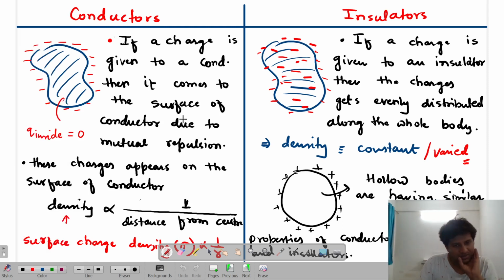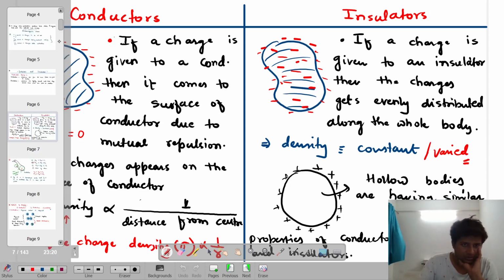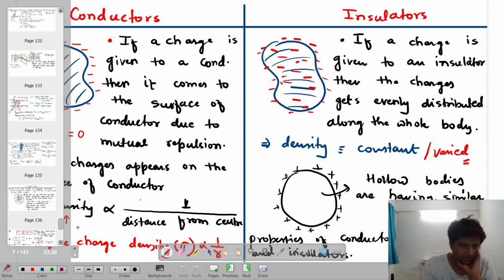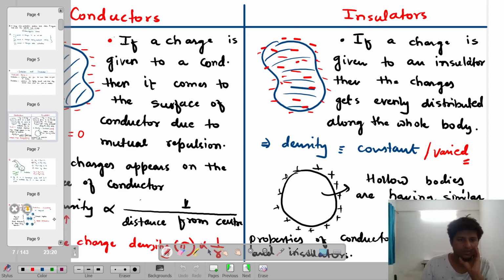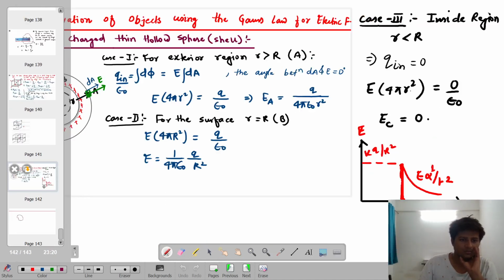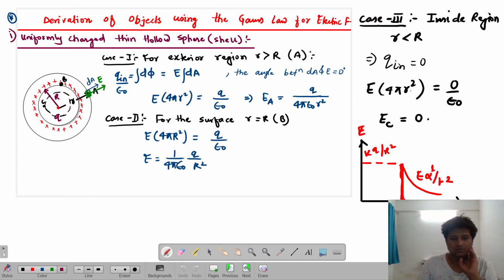For a conductor the charge will appear on the surface, and for an insulator the charge remains everywhere, evenly distributed, uniformly distributed, isn't it? That's what we are going to do today.